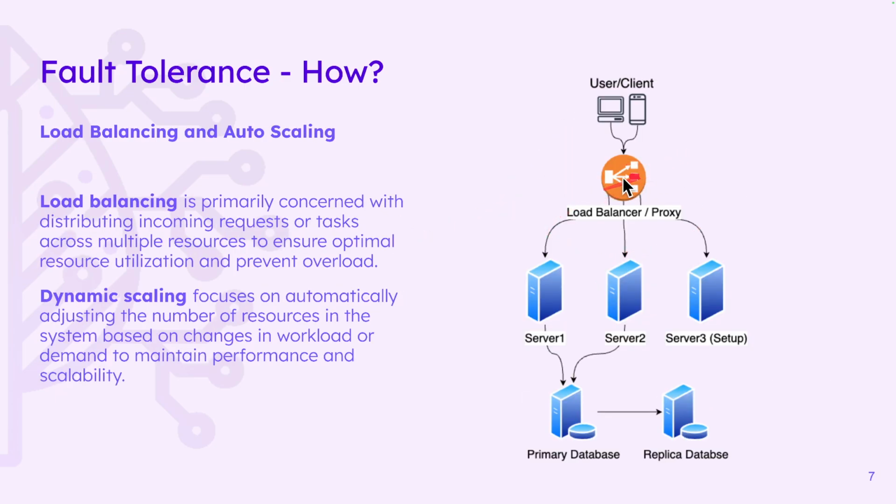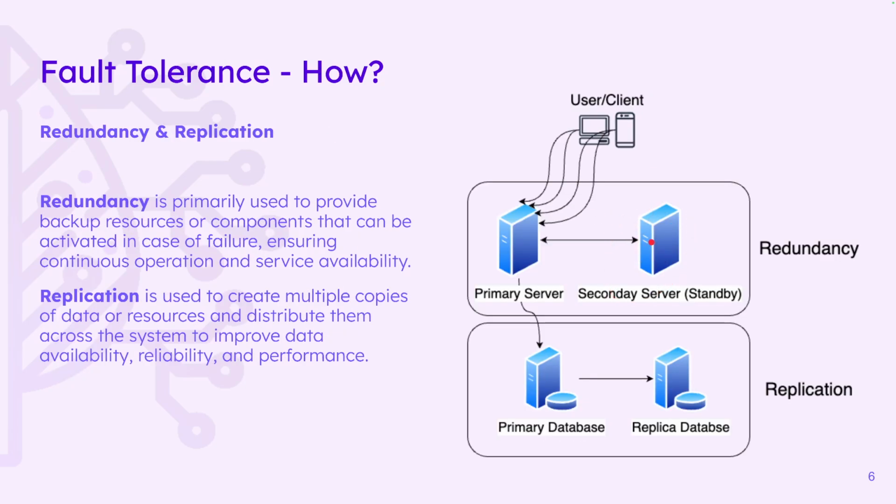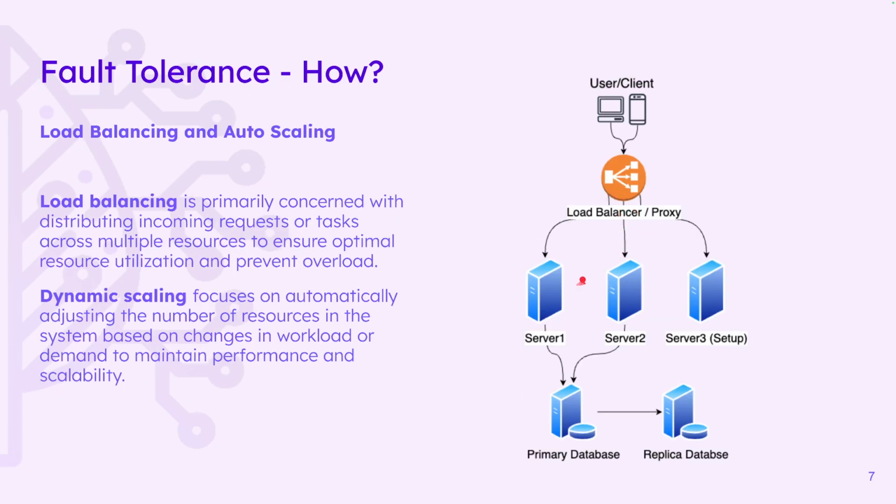You can put a load balancer or proxy, and then instead of just having a server on standby, in some cases that's the only solution. But in some cases you can also serve data through the other servers. You can have as many servers as you want.